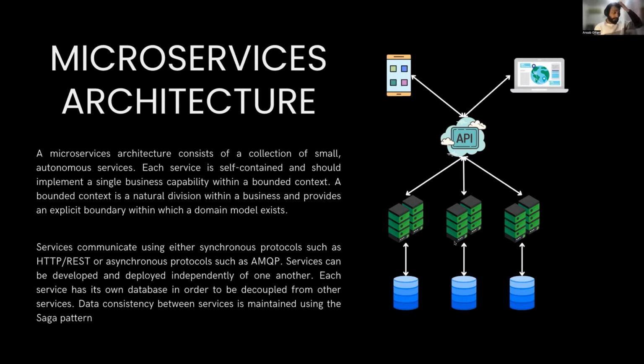All these microservices can either communicate synchronously over REST APIs or asynchronously through AMQP. But essentially, all of them are independent and as decoupled as they can be from each other. Of course, there are some other things like data consistency, which is maintained by a Saga pattern and stuff. But I'm not going to go deep into that.